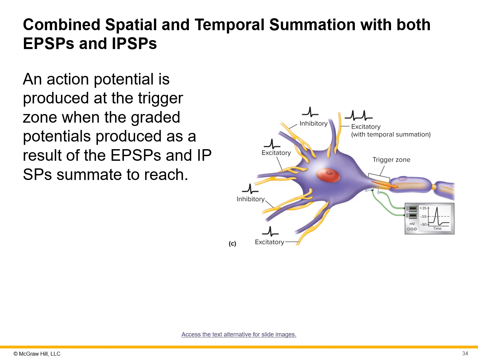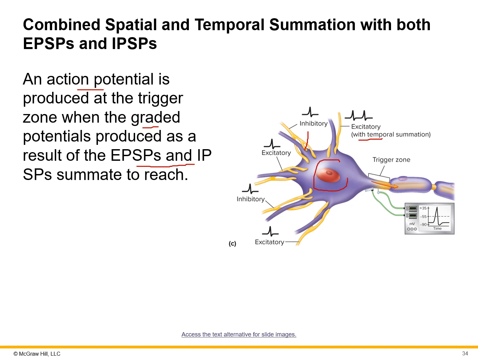Okay, and then finally, our neurons all have to figure out what to do with all this. So an action potential at the trigger zone, when we have those graded potentials, is a result of both excitatory and inhibitory summation. So at any dendrite, there may be some axon terminals that are releasing inhibitory neurotransmitters, others that are releasing excitatory.